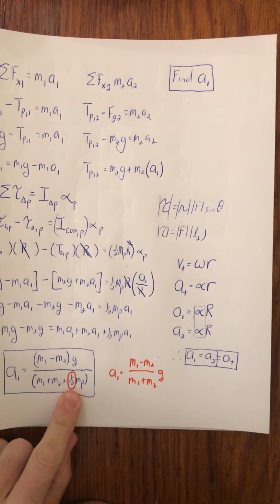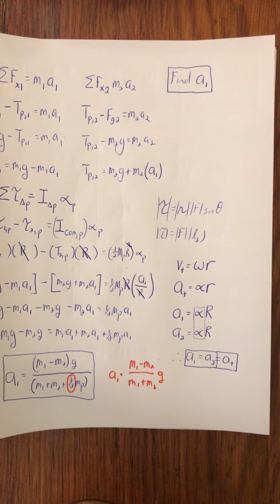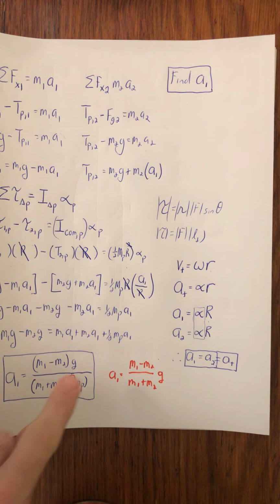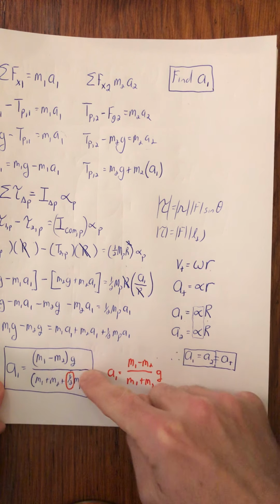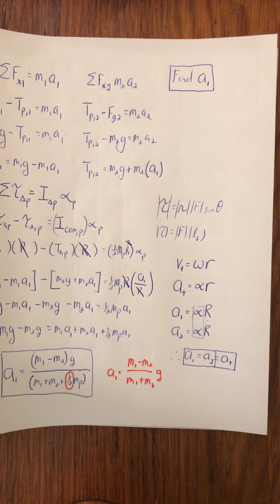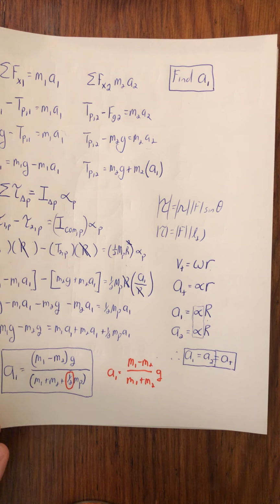And that's going to be generally true in terms of what we have. Because up top, we have a net force term. And on the bottom, we have not just the linear inertia, but the total inertial term of what's going on. And that's going to be very common in these problems in terms of this structure of answer.